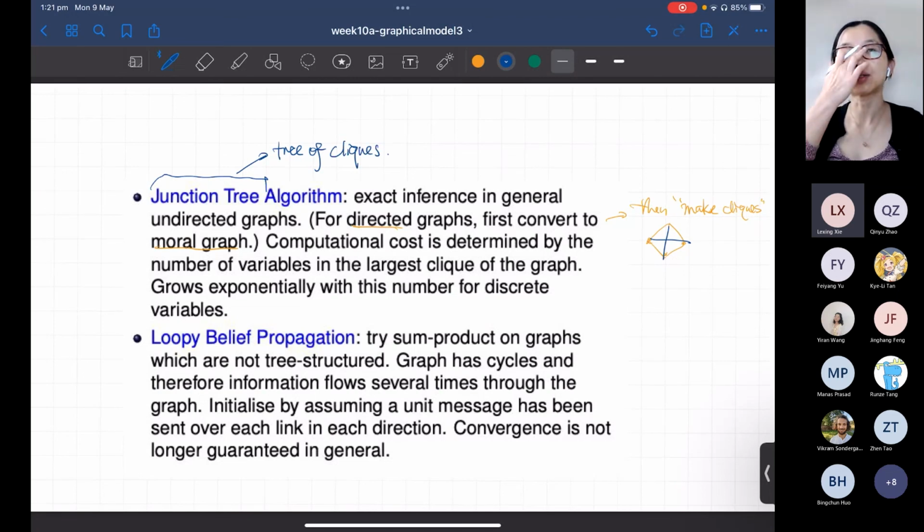The way of constructing this tree is quite neat. It's called a maximum spanning tree. That is the efficient algorithm. So basically, we connect each clique to the other clique with the most overlapping nodes. And the inference generally scales exponentially with the size of the maximum clique.